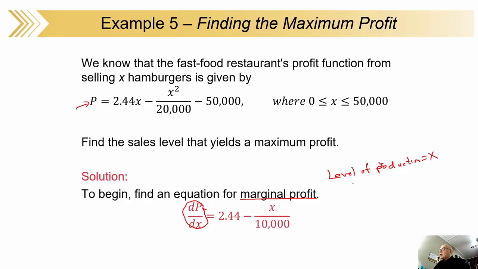At that level of production, whatever it is that you want to think about, if you put that x in there, what dP/dx says is, if you go from making x of these hamburgers to making x plus 1 of these hamburgers, what does that do to the profit?